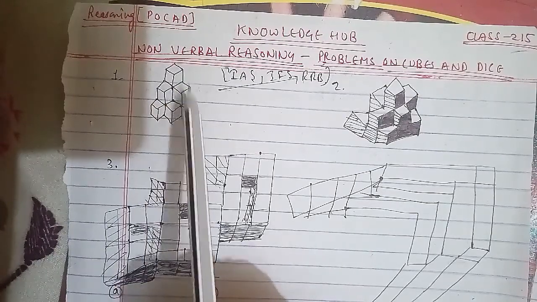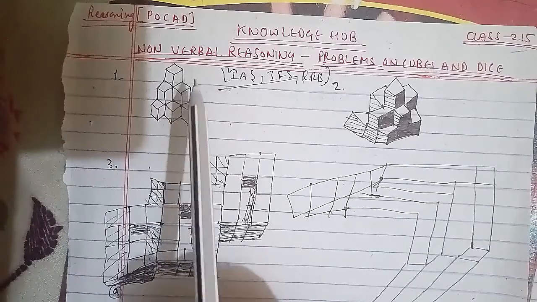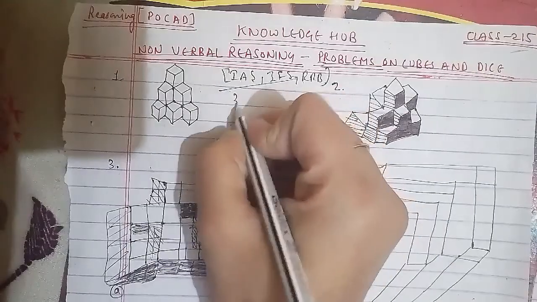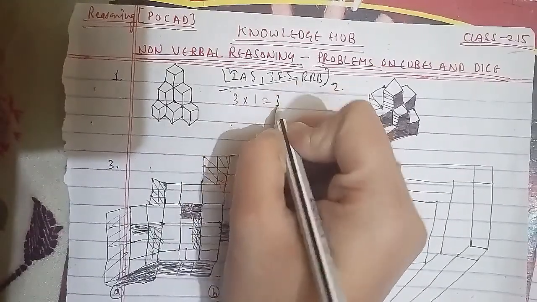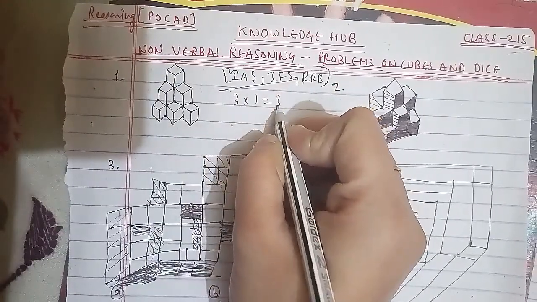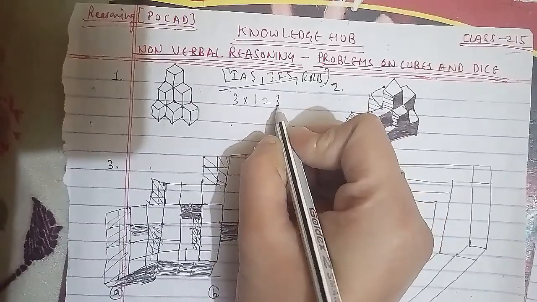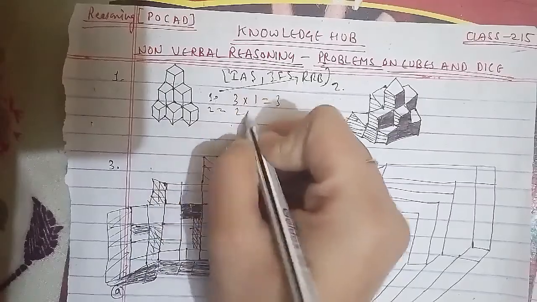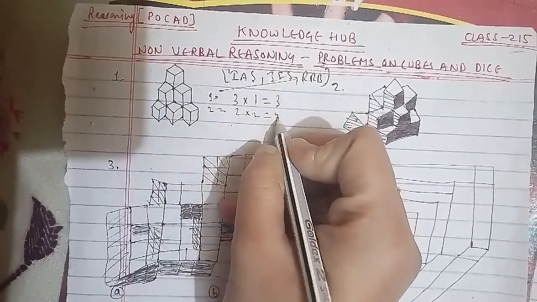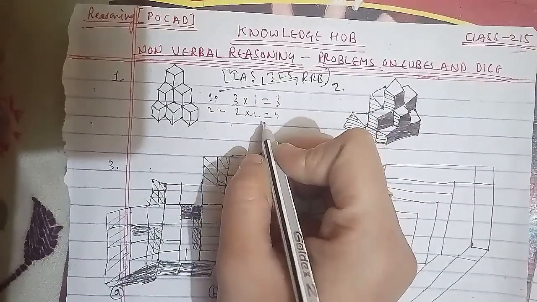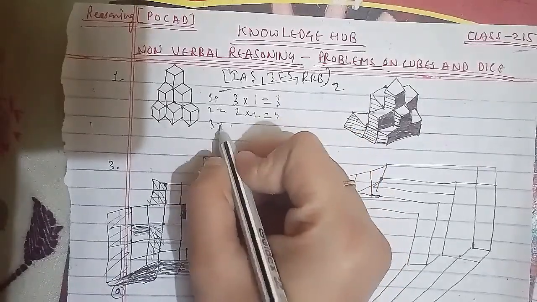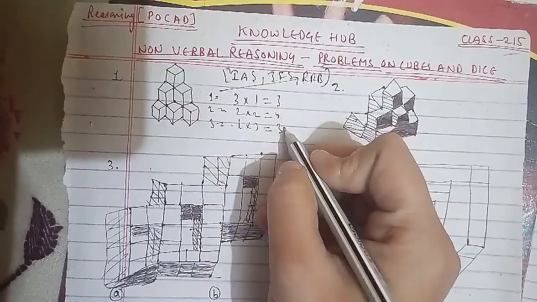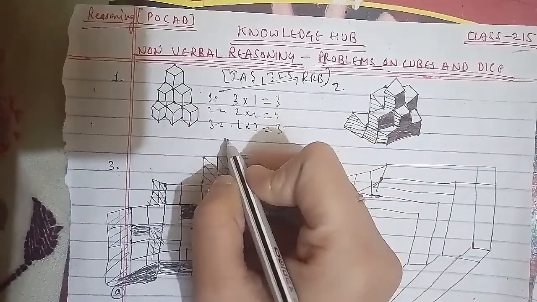Number of cubes in 2 columns of 2 cubes, it will be 2 into 2, that is 4. Number of cubes in 1 column of 3 cubes, it will be 1 into 3, that is 3. So we'll add them: the total number of cubes in the figure is 3 plus 4 plus 3, so 4 plus 3 is 7, plus 3 is 10. So the answer we'll get is 10 for this particular question.